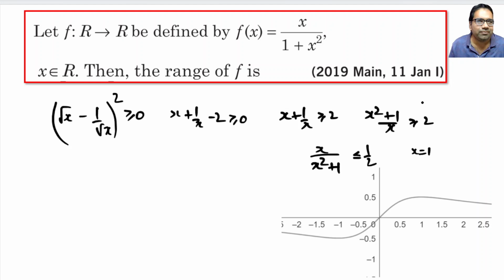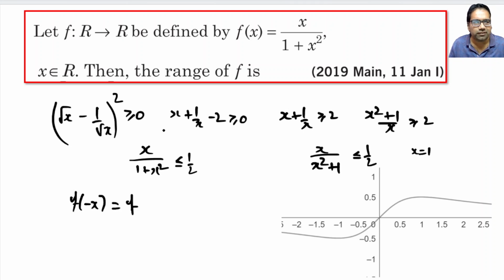Right? So whenever x is positive, x by 1 plus x square is always less than or equal to half. Now, this is an odd function. What does that mean? f of minus x is equal to minus of f of x.